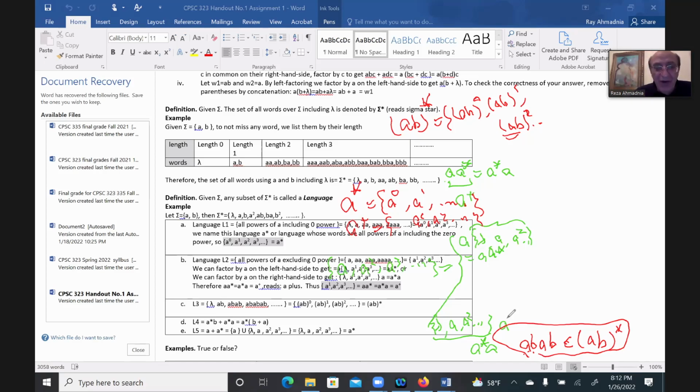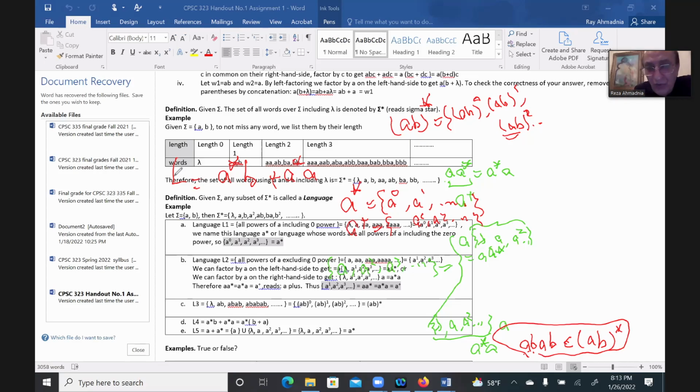Now look at this one. I have two sets of words: A star, or, A star and then A here. Can I simplify this? This is a language. It has two sets of words. One set of words is this, another set of words is this one here. So this plus acts like union.